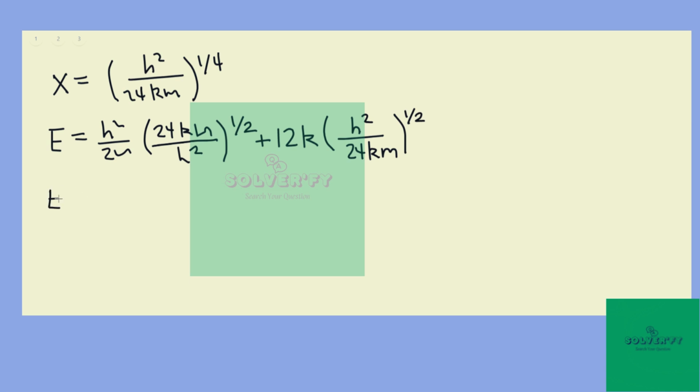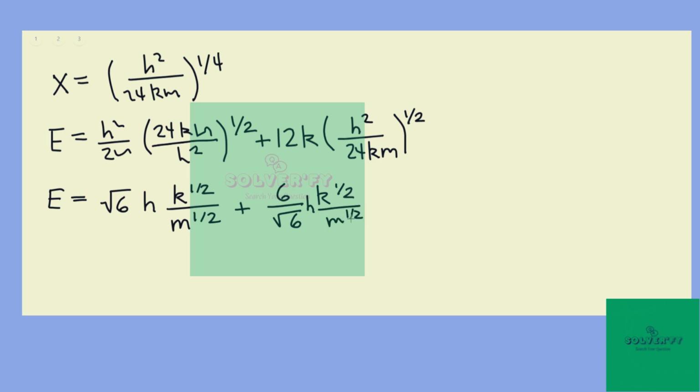Now let's do as much simplification as we possibly can to these two terms. After a bit of simplification, we get h times k to the 1/2 over m to the 1/2 for the first term, plus the second term, which has k to the 1/2 h over m to the 1/2.